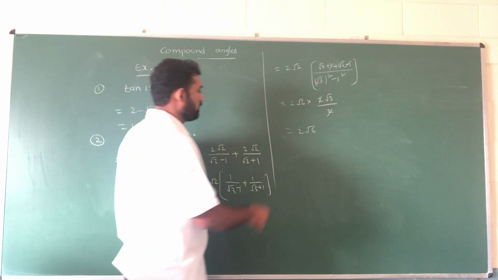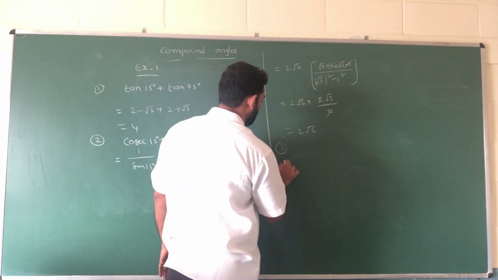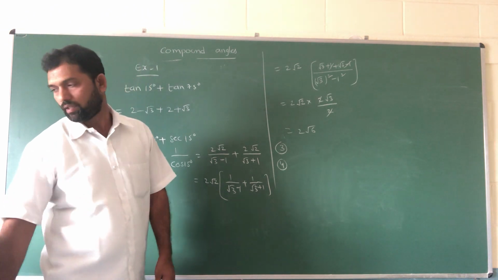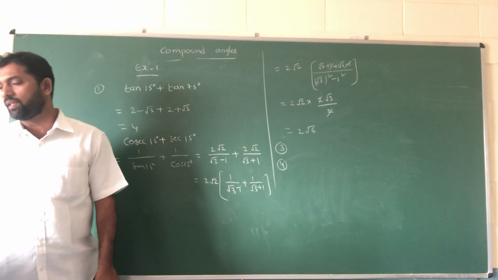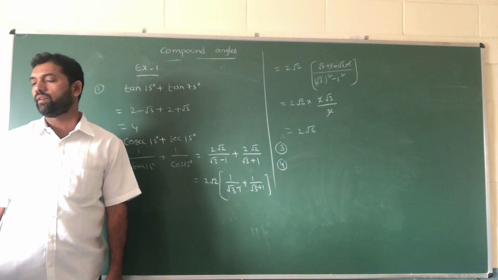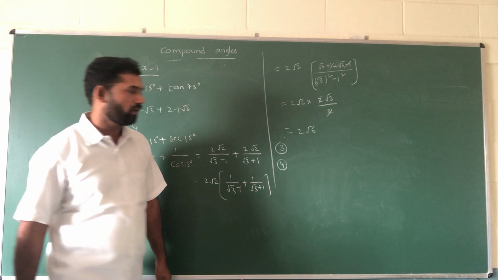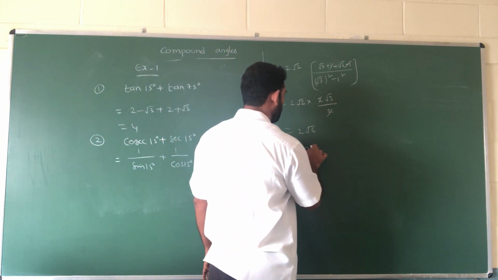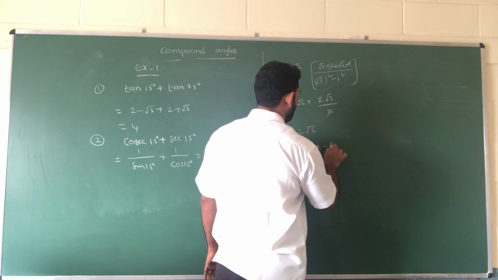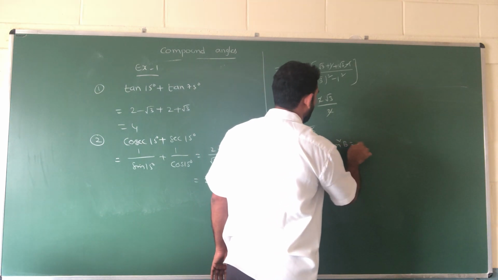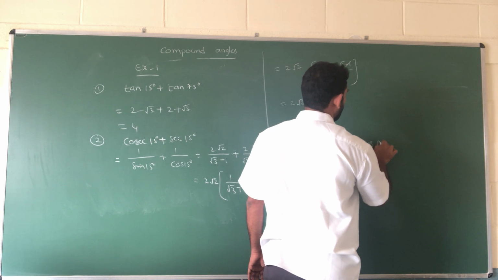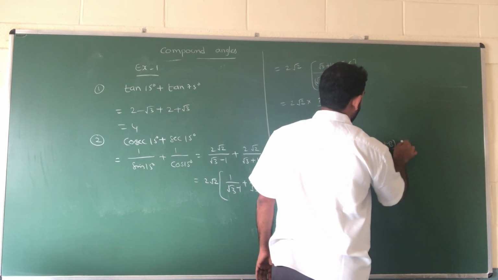Next, question number 3. You try that. What is the formula? Cos square 52 and half minus sin square 52 and half. You apply this formula: cos square A minus sin square B is equal to cos(A plus B) cos(A minus B).